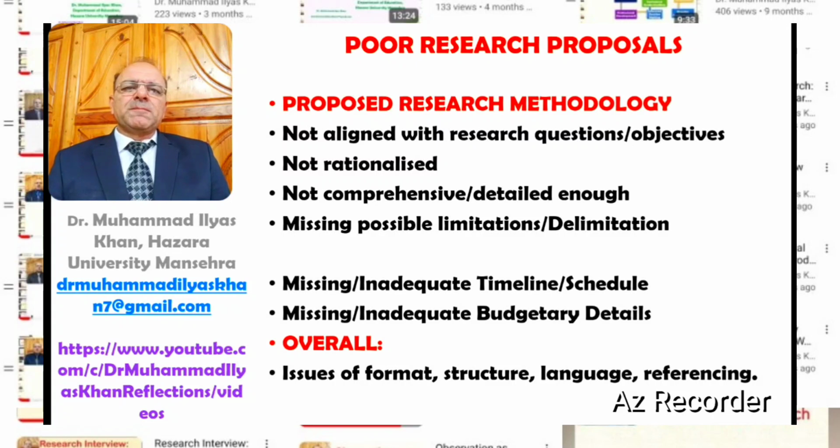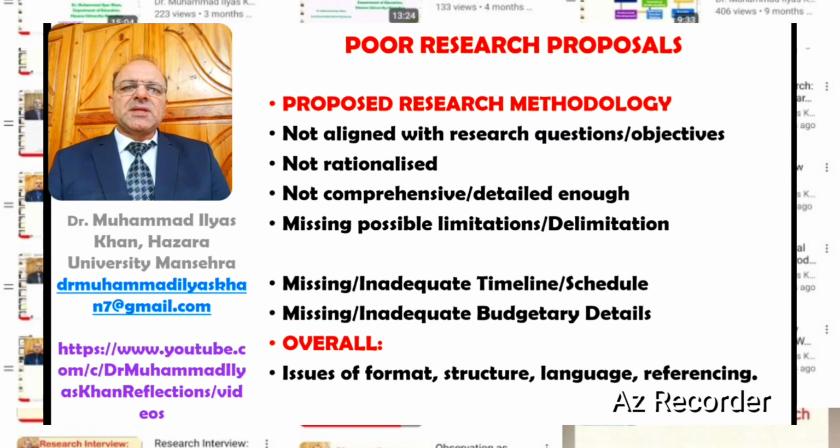So if the research model or research methodology is not aligned with our research objectives or questions, that will make this section weak. Again, the other thing is that we need to rationalize our research methodological choices, such as the rationalization of our research design, of our data collection and analysis sections, and so on.